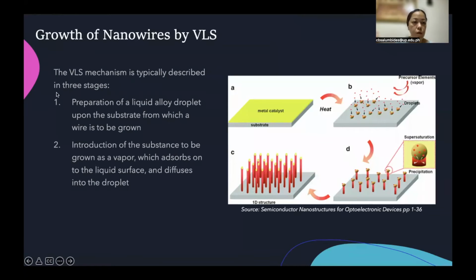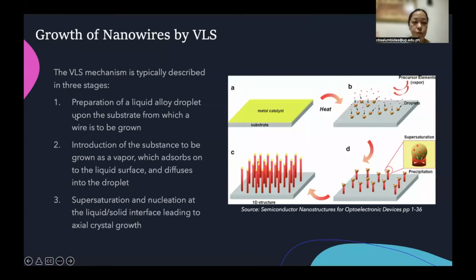Then comes the introduction of the substance to be grown as a vapor, which adsorbs on the liquid surface and then diffuses into the droplet. Lastly, supersaturation and nucleation at the liquid-solid interface lead to the actual crystal growth.